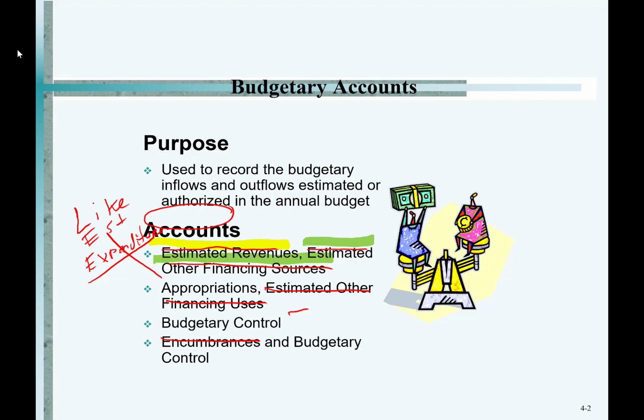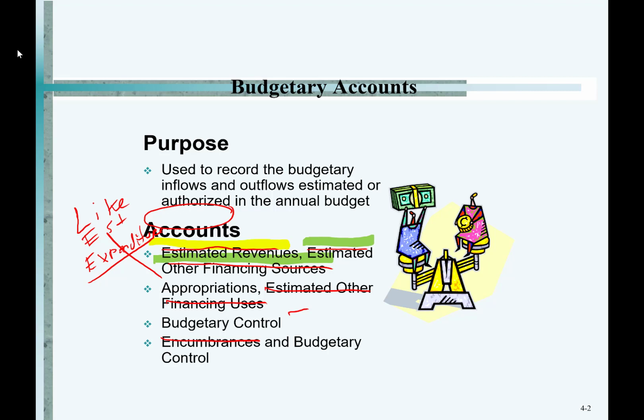So we put the word estimated in front of other financing uses when we're talking about the budgetary account for our other financing uses. With me so far? Estimated revenues is the budgetary account for revenues. Estimated other financing sources is the budgetary account for my other financing sources. Estimated other financing uses is the budgetary account for my other financing uses. So we're going to have to budget these things.